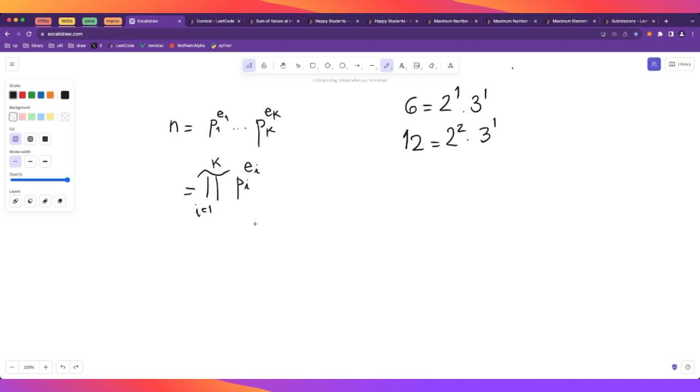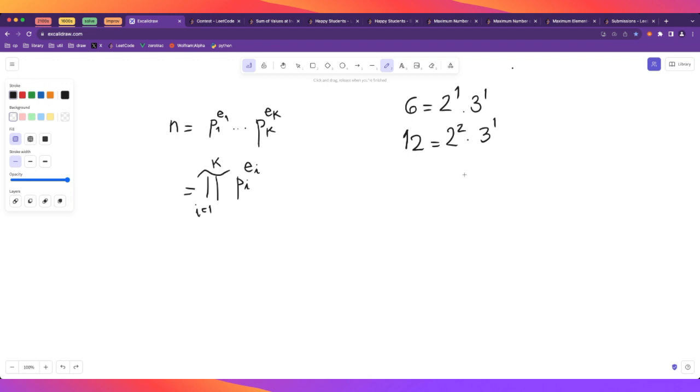All right, so why does this matter? Well, that's a good question. The first observation here is that for a number to be a perfect square, all the exponents of the primes in the prime factorization must be even, right?